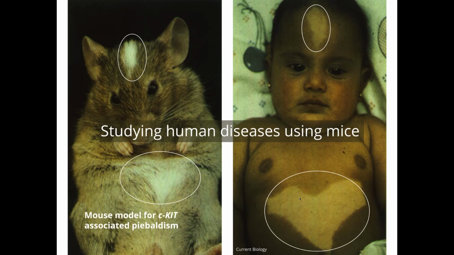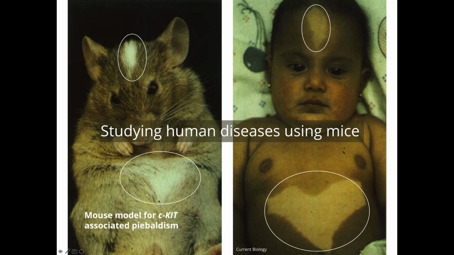But underlying the similarity of phenotypes, there's also a similarity in genotype. So these mice share a mutation in a similar locus. And actually, this visible phenotype is not the only one for this particular disease, but there's actually a severe disease of neuronal development associated, and therefore it makes sense to study this in mice.